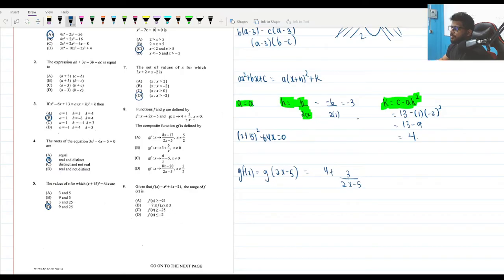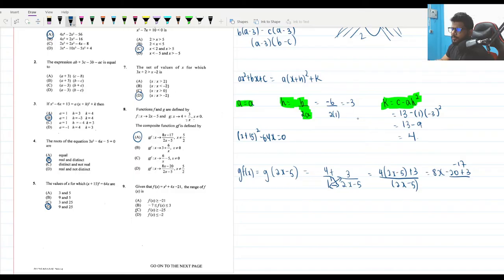So an easy way to simplify it, cross multiply here, this is over 1, and then multiply the two denominators. 4 into 2x minus 5 plus 3, all over 2x minus 5. They did simplify it further. 8x minus 20 plus 3, minus 20 plus 3 could be minus 17. So 8x minus 17 on top. A could be the only answer.